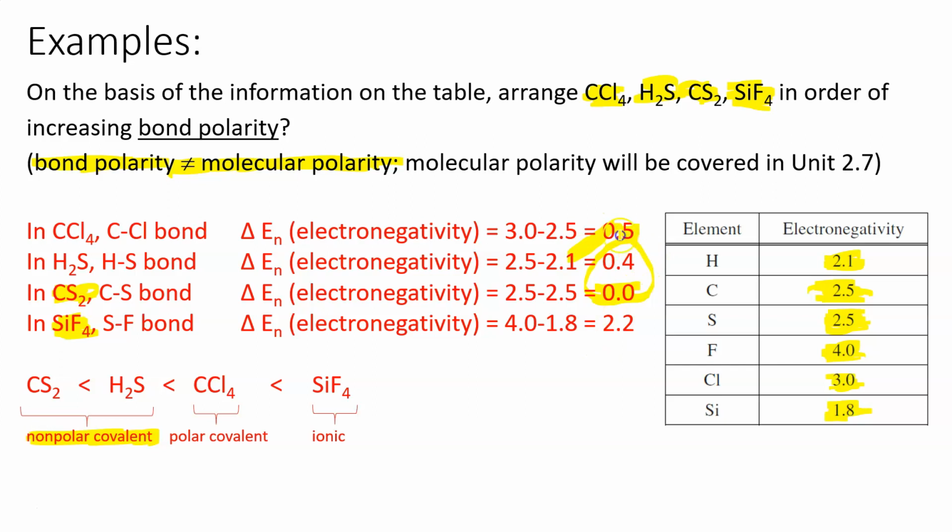Remember, that difference of 0.5 is considered polar covalent, and the difference of 2.2 is considered an ionic bond. So that's kind of where those words at the bottom come from. All right, that's it for types of bonds. You've got a simulation and some practice to work through after you're done with your notes.